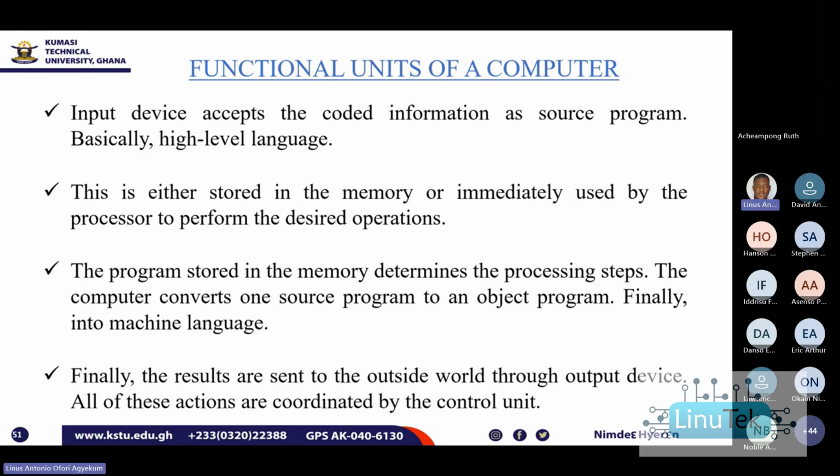So the input device accepts some coded information as source program if we are dealing with high-level languages. This is either stored in the memory or immediately used by the processor to perform the desired operations. The program stored in the memory determines the processing steps. Okay. The computer converts one source program to an object program and then finally into a machine language for the computer to understand.